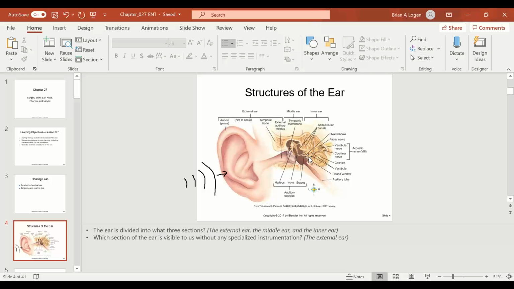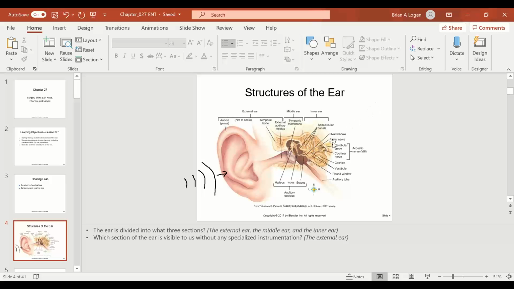Then it sends those sound waves through the cochlea and through the little snail shell here. As it's doing that, it's transitioning the sound from analog, what we hear in the real world, to a digital signal so that it can send it down the nerve to the brain, and then the brain interprets what we've heard.